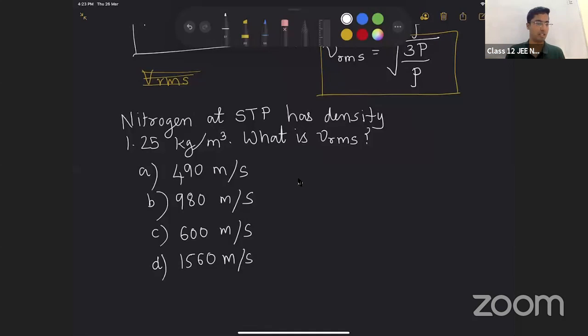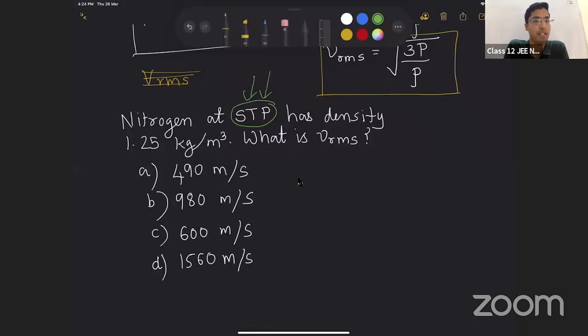Based on the formula that you just studied, just make sure you do this. For this, you need to know what the pressure at STP is. So that must have been taught to you. Just make sure you write that properly. Don't be in a hurry. Just compute it properly and answer. So Kiran, for pressure, I've given the fact that it's STP, standard temperature and pressure.